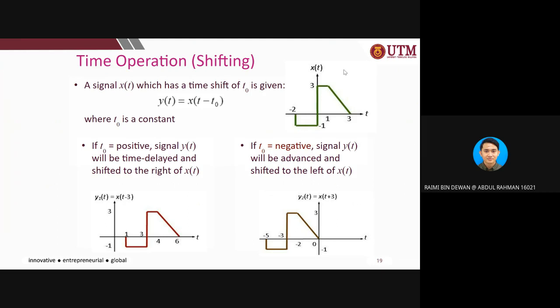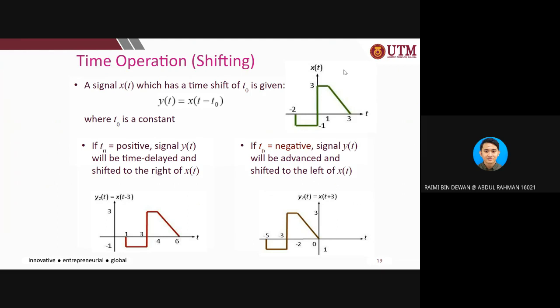If it is moved to the left, it means your signal will be advanced. For example, instead of t equals to 0, now your signal moves to t equals to -3, so it will be advanced, meaning it will be earlier.